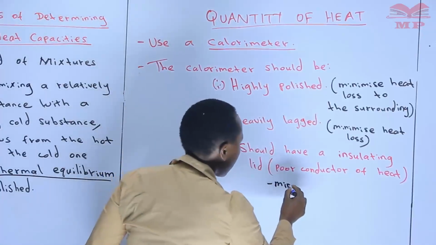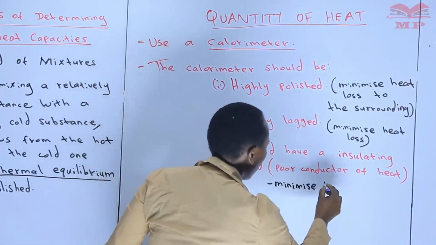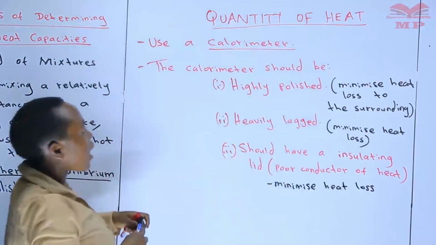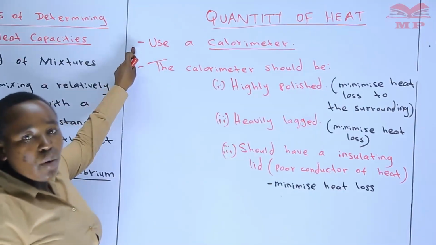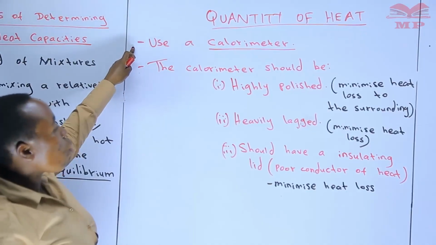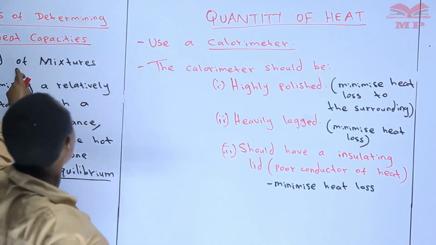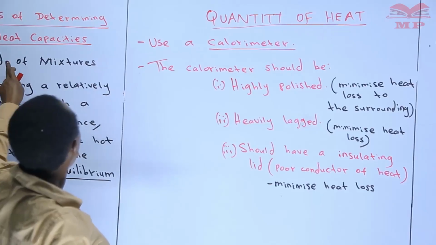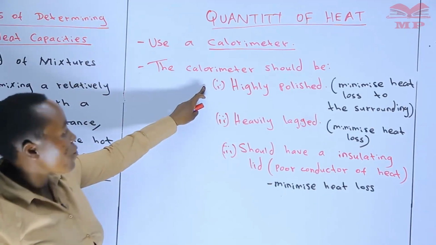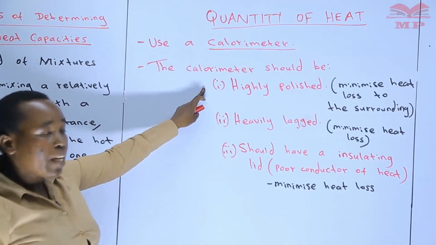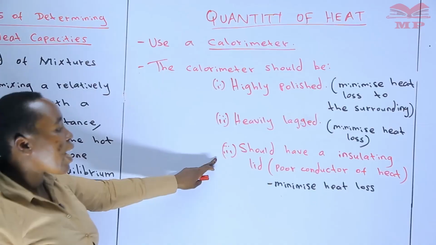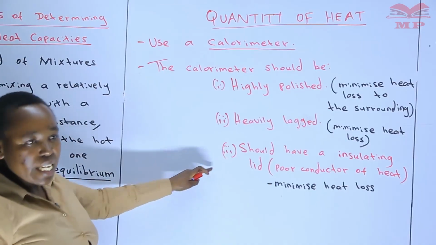And that's why we go for the calorimeter, because it can be used to minimize heat loss when we are conducting this practical on the method of mixtures. It is highly polished, it is heavily lagged, and it has an insulating lint.